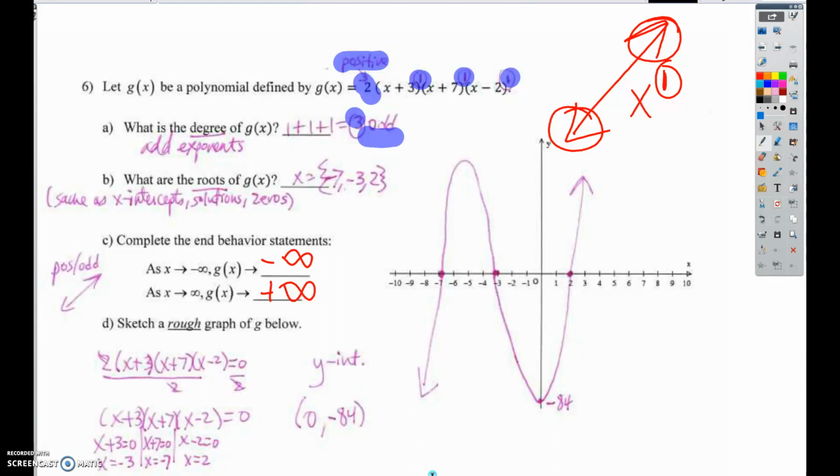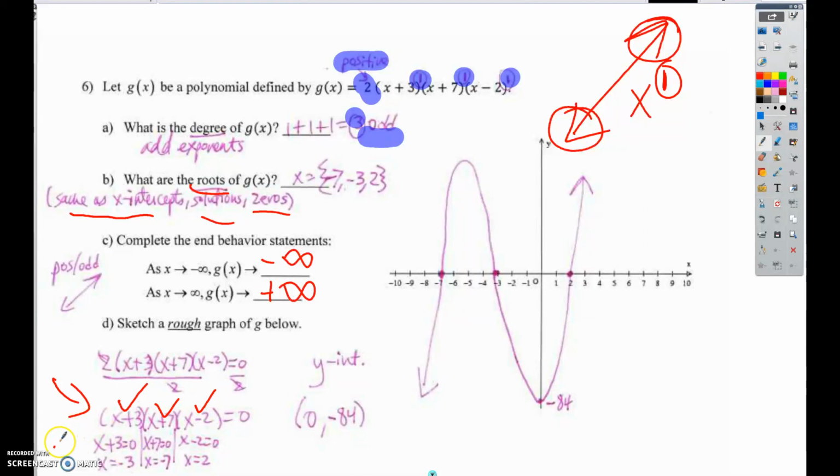For B, I am going to be using my equation to solve for all of my x values, which are my zeros. Remember, x-intercept, solution, and roots all mean the same thing. Down on the bottom, you can see here that I am solving for x plus 3, x plus 7, and x minus 2.